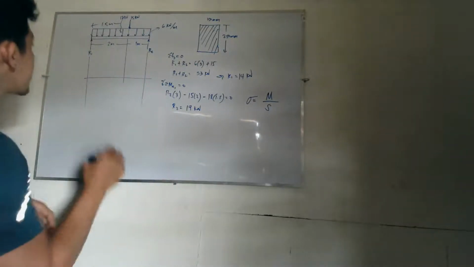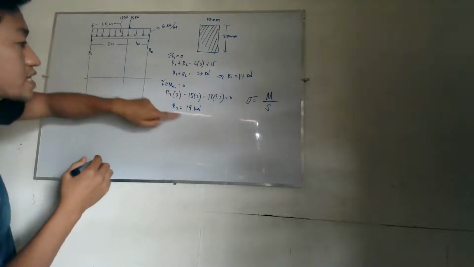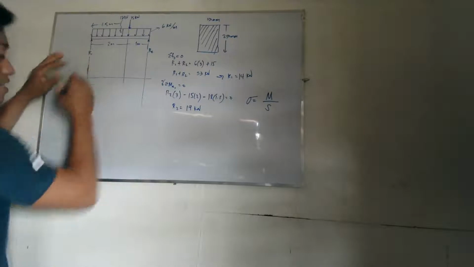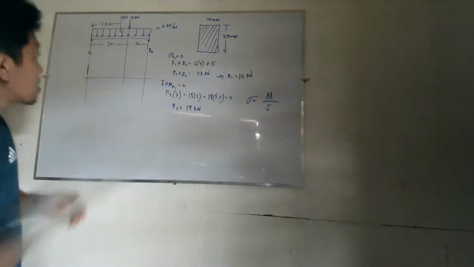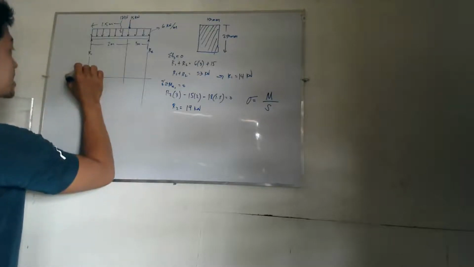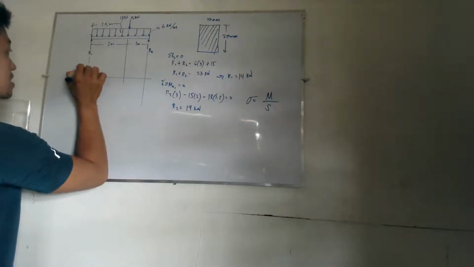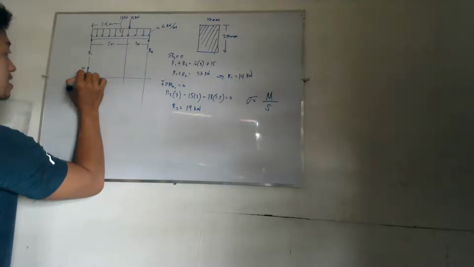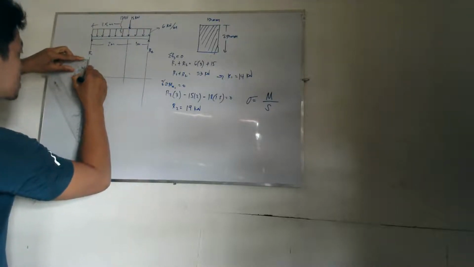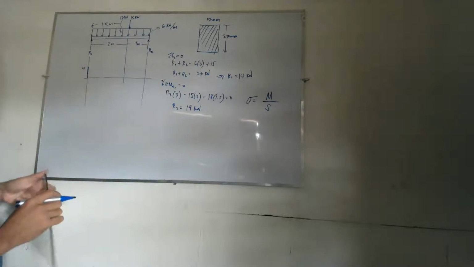So pagkuha, first, we draw the shear diagram. Kani R1 14. So angat ka og 14 diri. Unit ana kilonewton. 14.